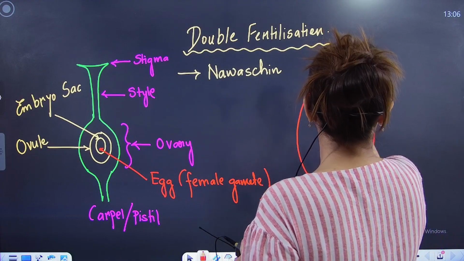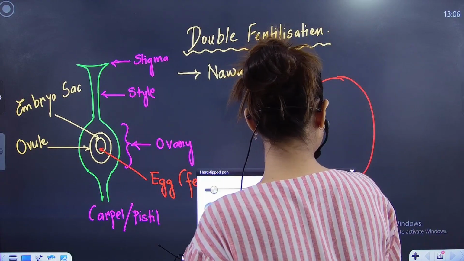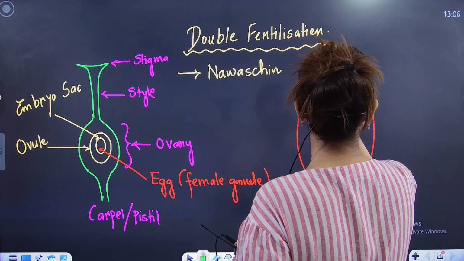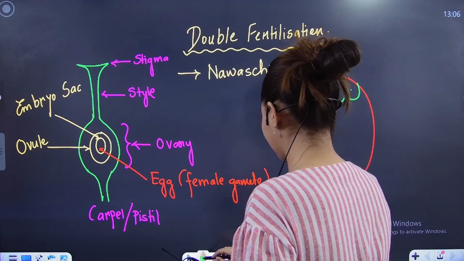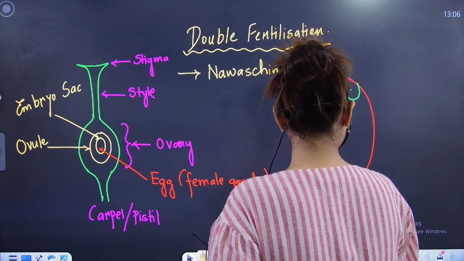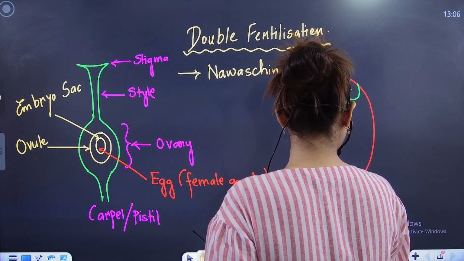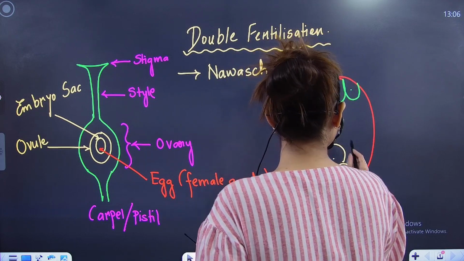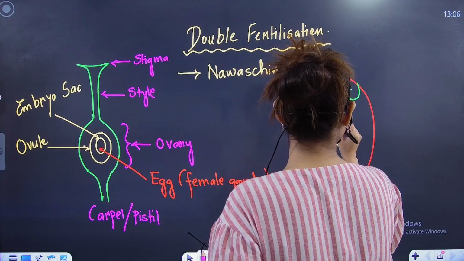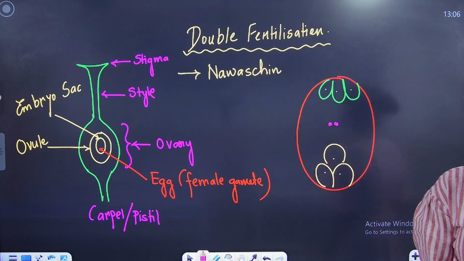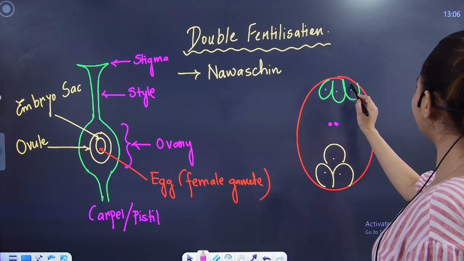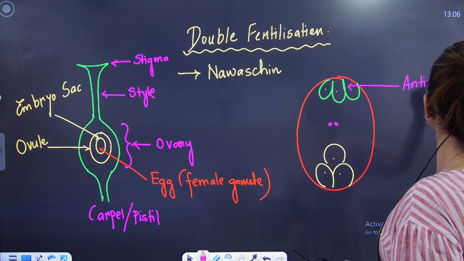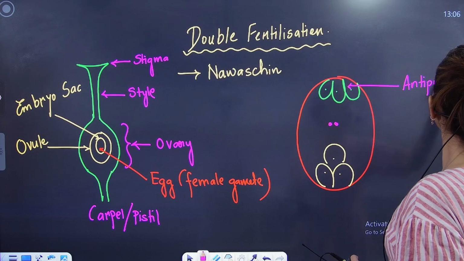If we draw an embryo sac, it has three cells above, three cells below, and two nuclei at the center. The three cells above are known as the antipodal cells.